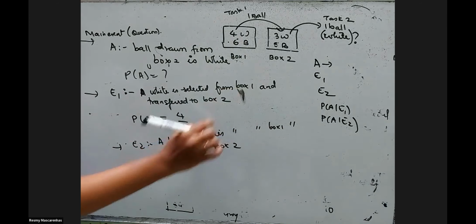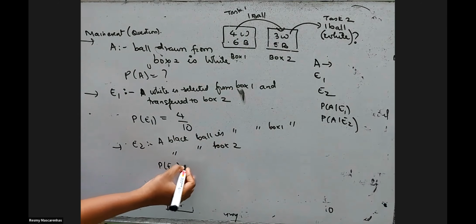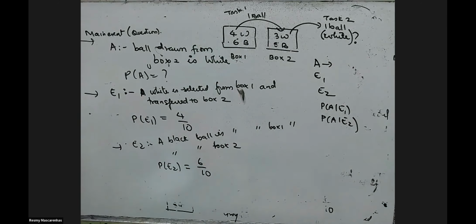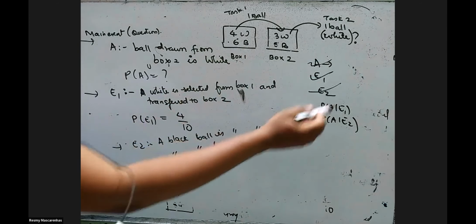Same thing you have to write. So what are the chances of it being black? It is 6 out of 10. So we did this. Now this.